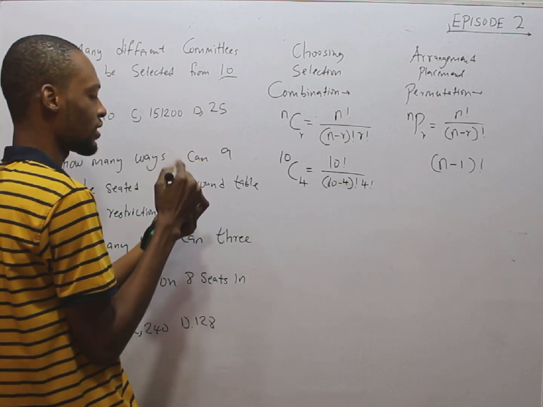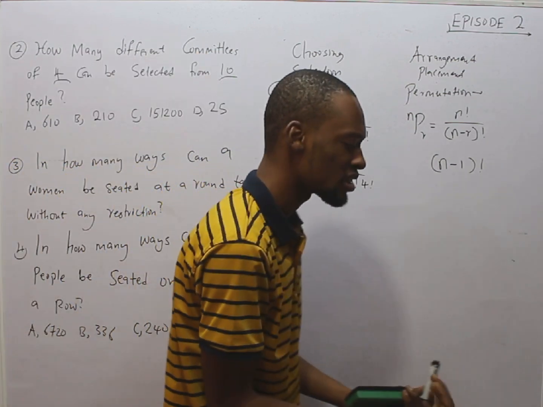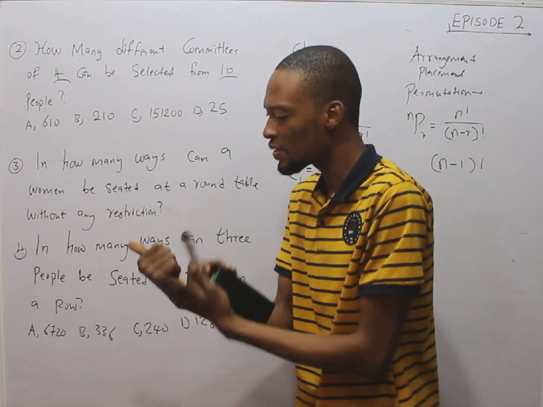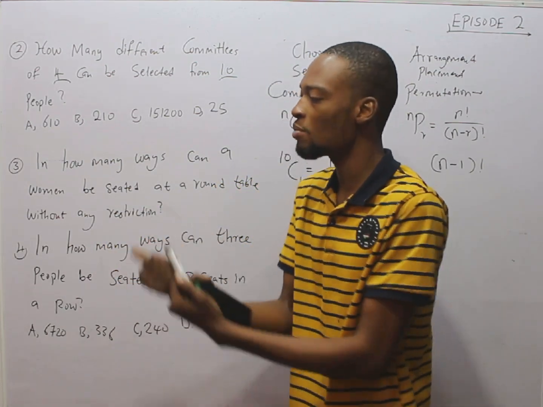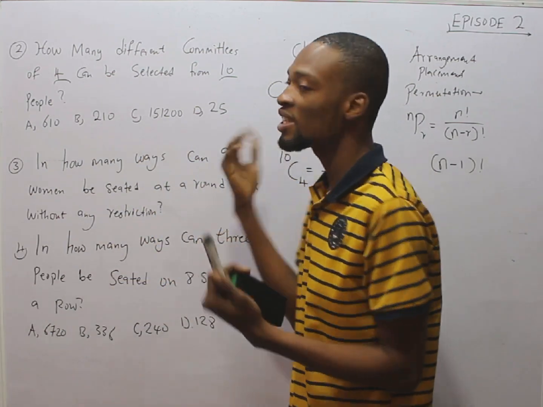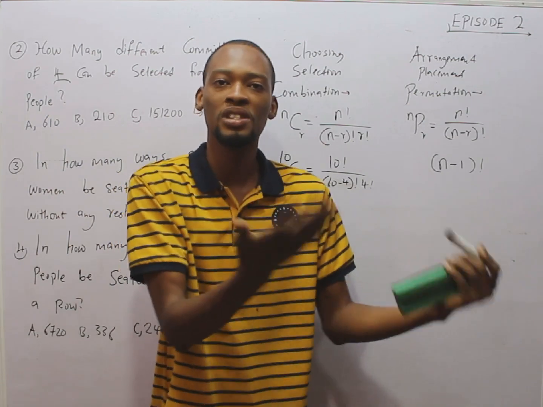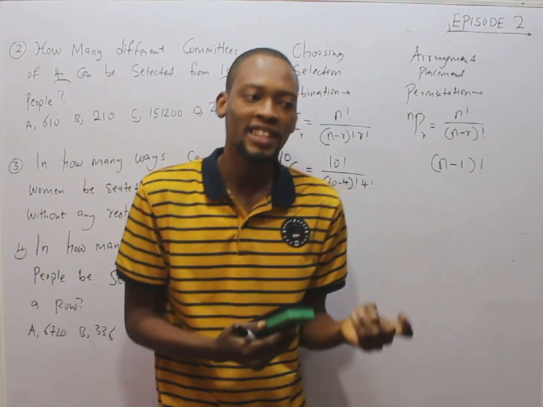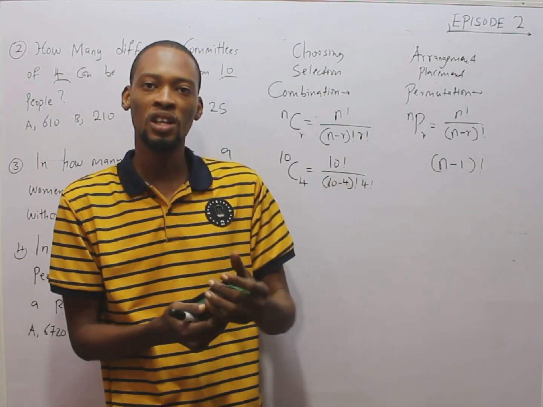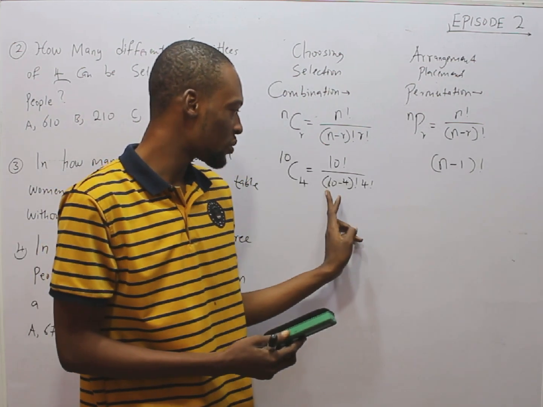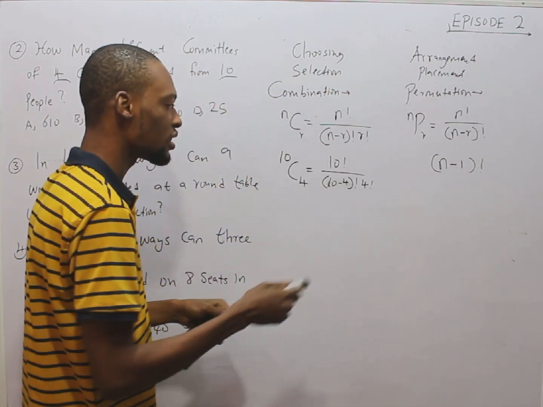Now, what is 10 factorial? 10 factorial simply means 10 times 9 times 8 times 7 times 6 times 5 times 4 times 3 times 2 times 1. 3 factorial is simply 3 times 2 times 1. So 4 factorial simply means 4 times 3 times 2 times 1. You multiply downwards until you get to 1. That is factorial.